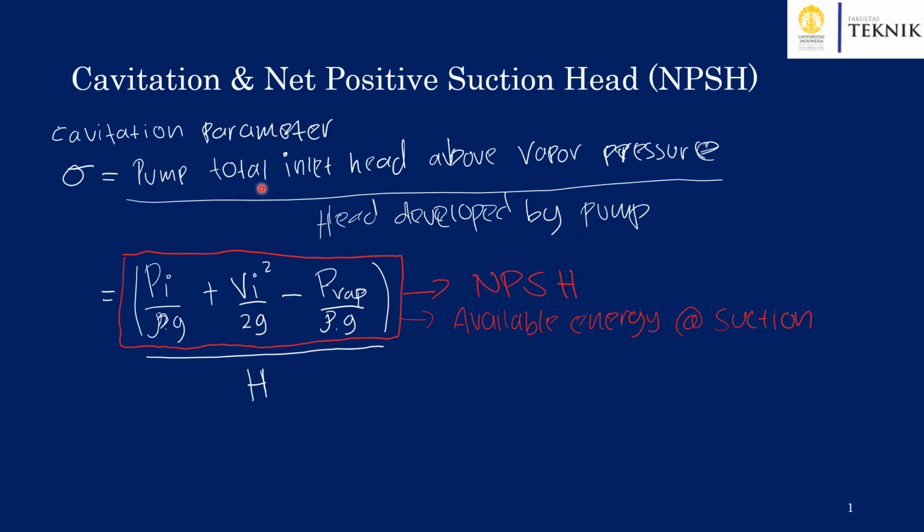The pump total inlet head above the vapor pressure is called the net positive suction head, and it is a function of Pi, the pressure of the fluid at the pump inlet, divided by density multiplied with gravity, plus velocity to the power of 2 divided by 2 times gravity, minus the vapor pressure divided by density multiplied with gravity.